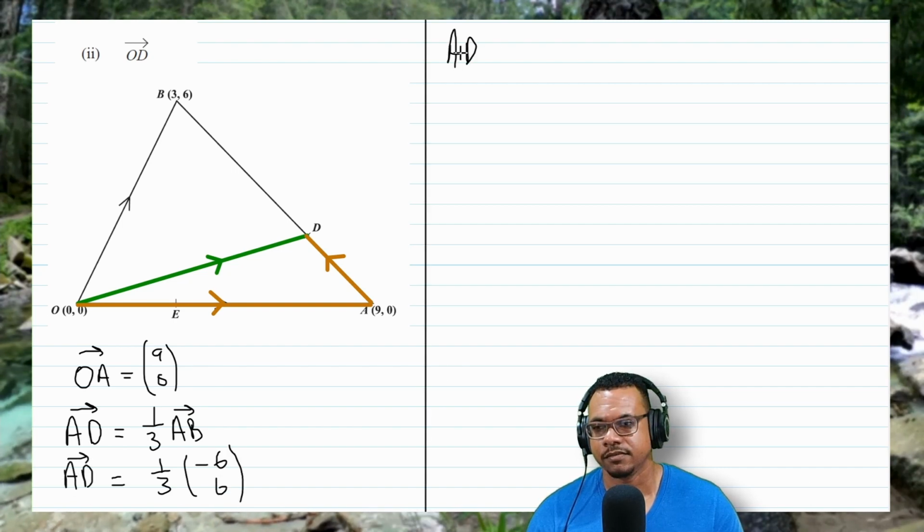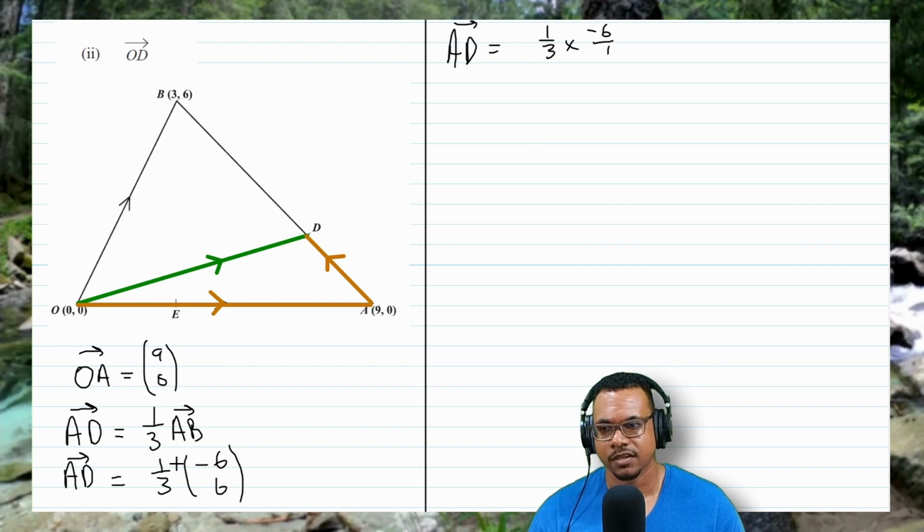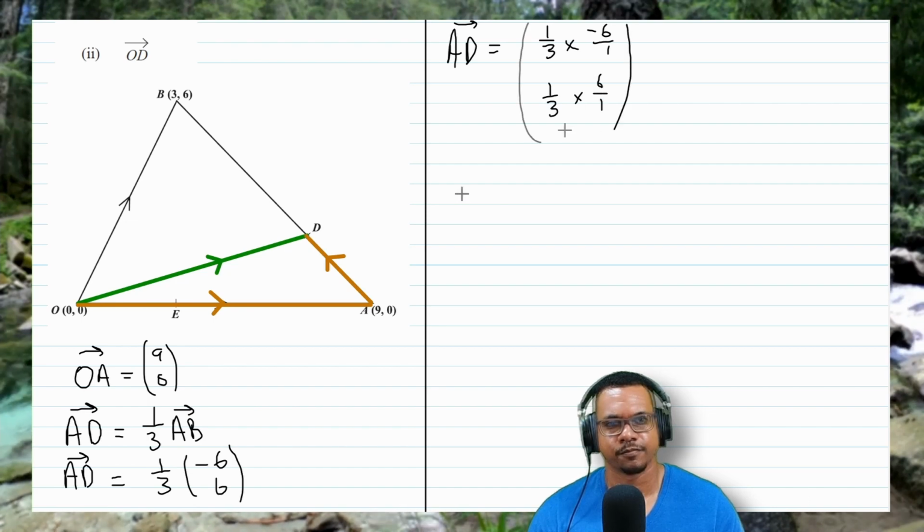So AD is equal to, you multiply this 1/3 by -6, so you can write this as 1/3 multiplied by -6/1, and multiply the 1/3 by the 6 here. So 1/3 by 6/1. So you're going to have 3 into 3, 1. 3 into -6 is -2. 3 into 3, 1. 3 into 6 is 2. So we're going to get (-2, 2).